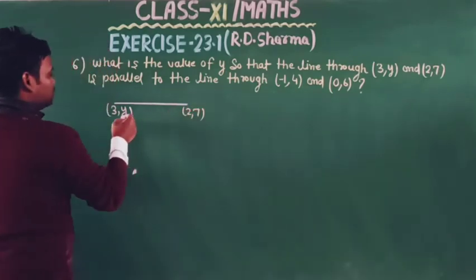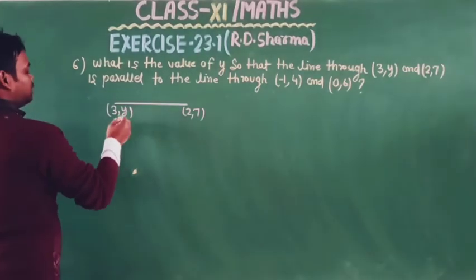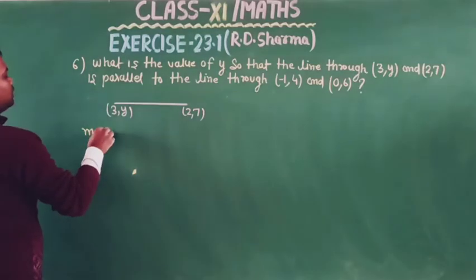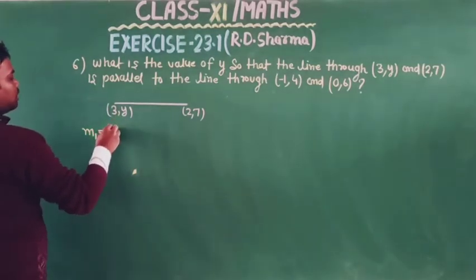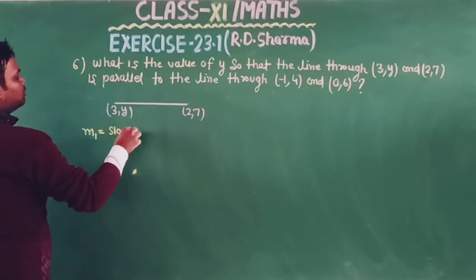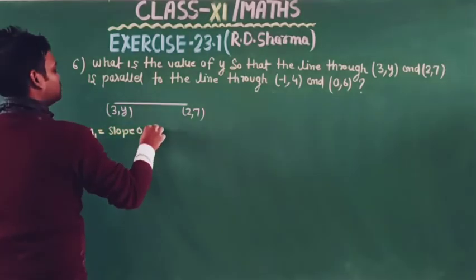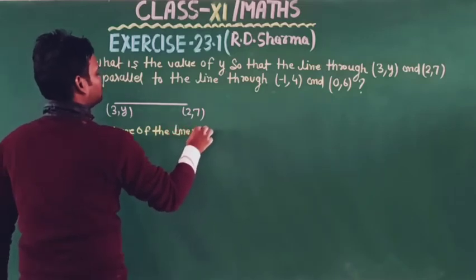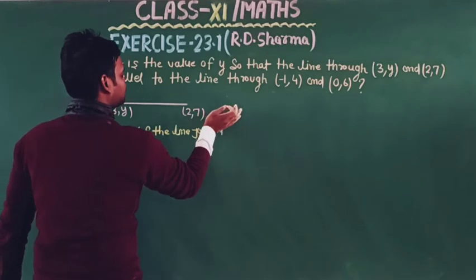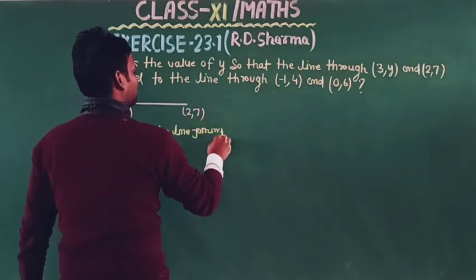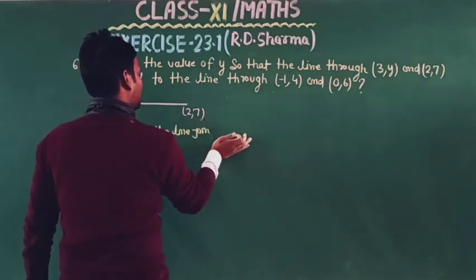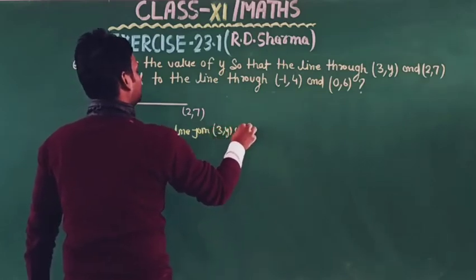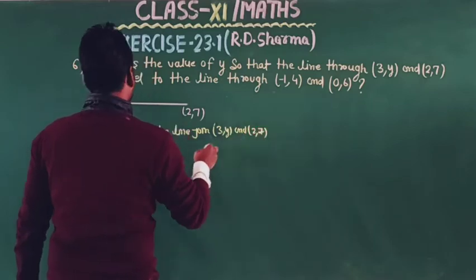Therefore, let m1 be the slope of the line joining (3, y) and (2, 7).